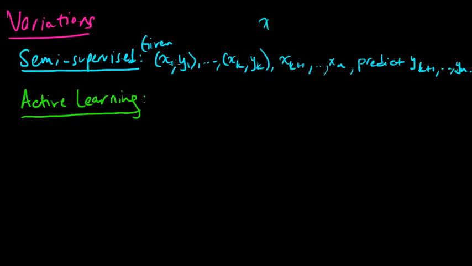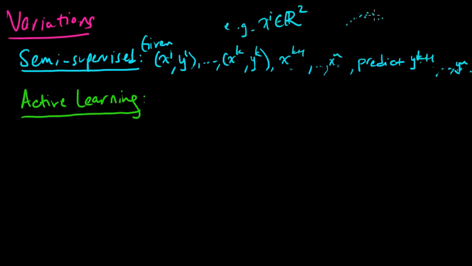Oh, I should use our convention of superscripts, so these are 1 through k, and k+1 up to n. So if our points are, in this example, in R2, maybe we get some points like this, and they don't have labels.